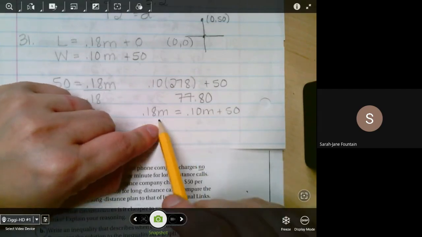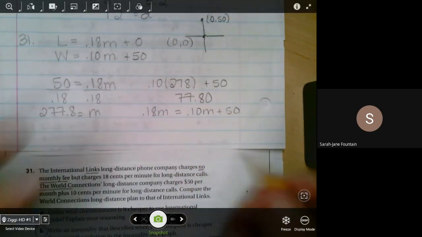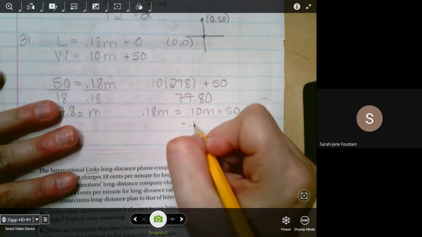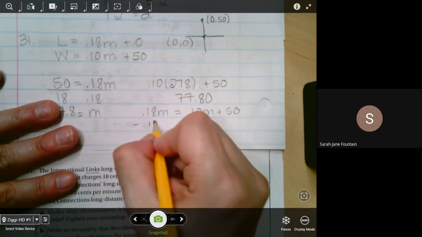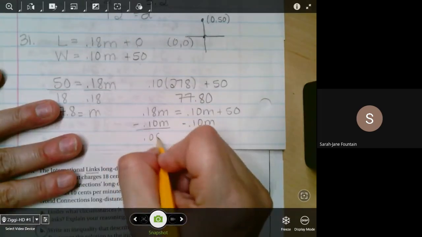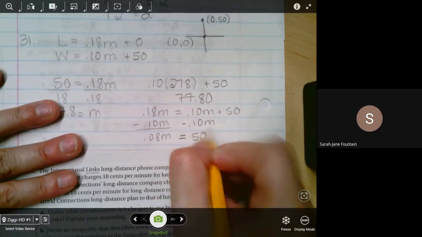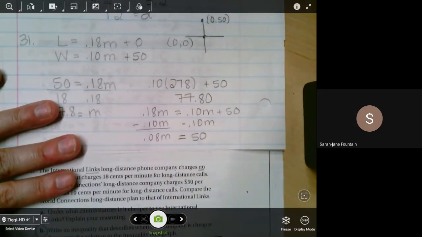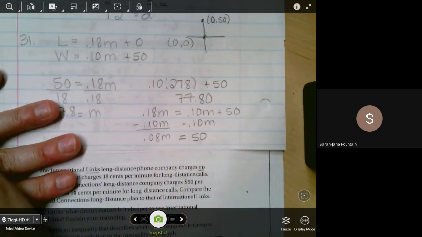So this one's 18 cents a minute. This one's 10 cents a minute plus $50. So what I'm going to do is subtract the 0.10M from this side because I'm adding it, minus 0.10M. So the difference is 10 cents a minute and that 8 cents a minute and that $50.